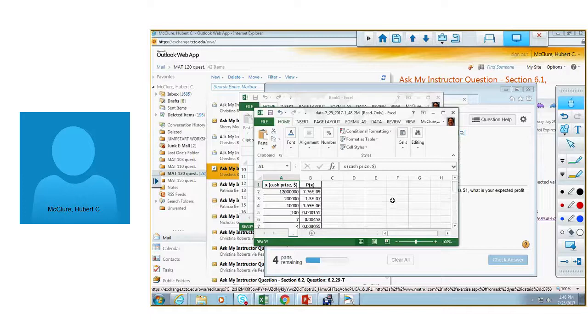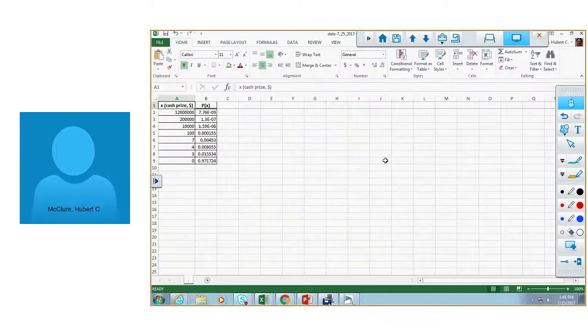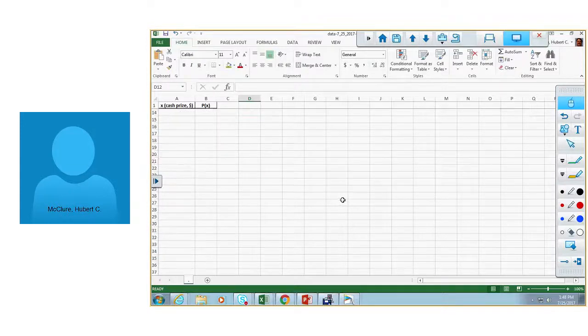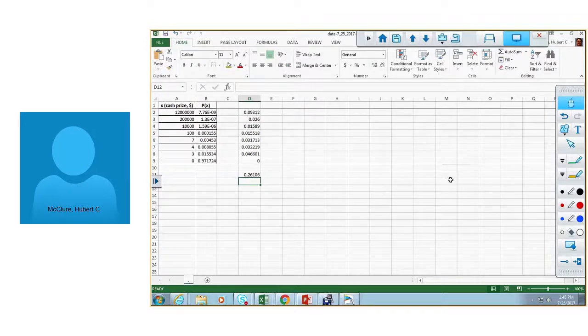Well, the actual easiest way to do it is this times this, and copy that down, and then add those together. Probability. Is that what they did? I think so. Yep. And then multiply that by 120 million or whatever, and if you did win it, you'd be out $1.